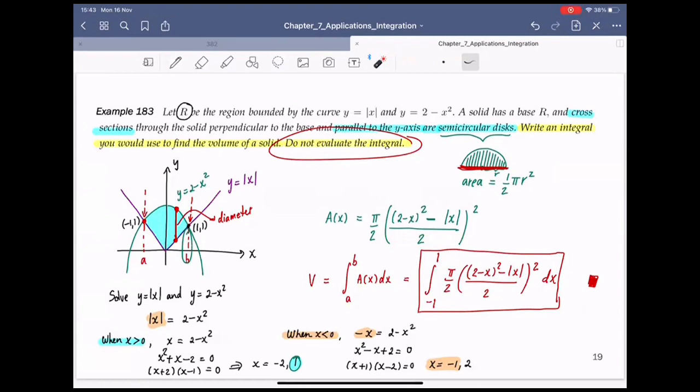All right, Napat asks, is your function wrong, 2 minus x squared? Oh, yes. Whoa, it must be 2 minus x squared. Thank you for correcting that. I did it too fast. The square must be inside.